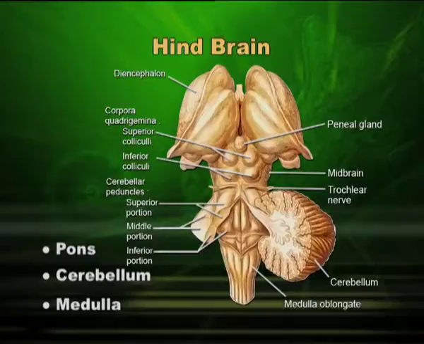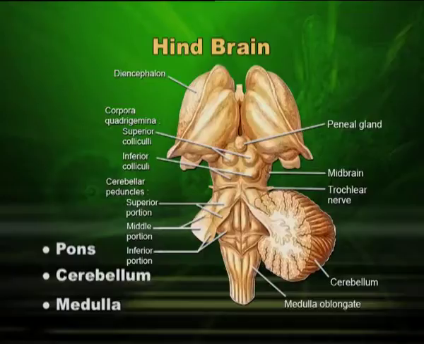Pons is just below the midbrain and of course very important, but when we come to cerebellum, you can see in this diagram, this is cerebellum. This has come to one side, to increase the surface area to accommodate more nerve cells.